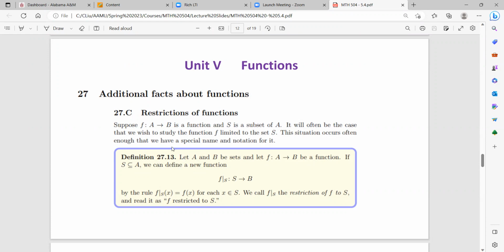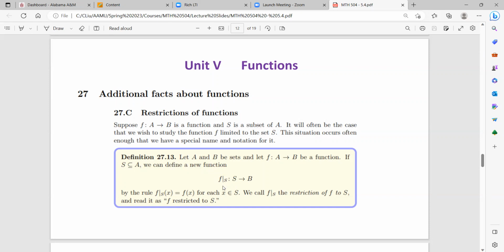So then we have this restrictions of functions. Let A, B be sets, and let f from A to B be a function. If S is a subset of A, contained in A, we can define a new function from S to B. You just take part of the function. If you consider f as all the pairs, just take a part of it.